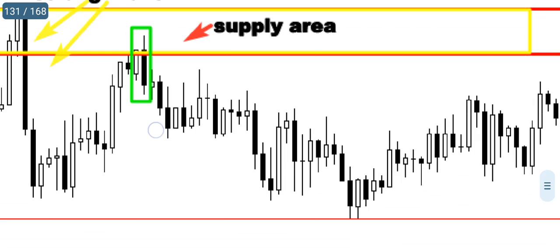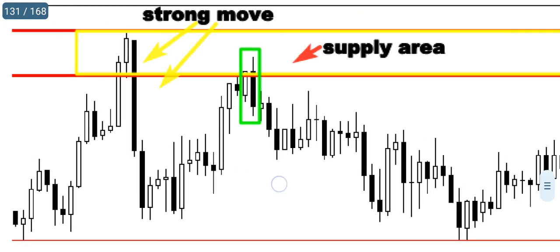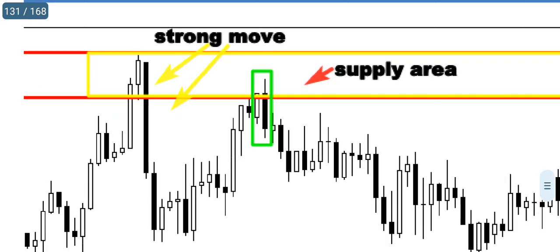So in this case, we are seeing a supply zone because the market was trending up, meaning the buyers were in control of the market. But at a certain level, the prices at which the buyers are buying cannot go past the price at which the sellers are selling the market.